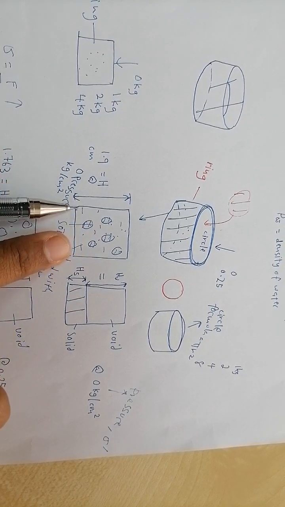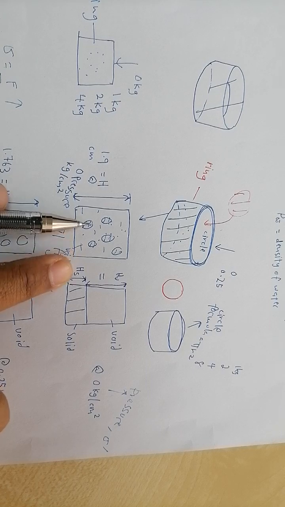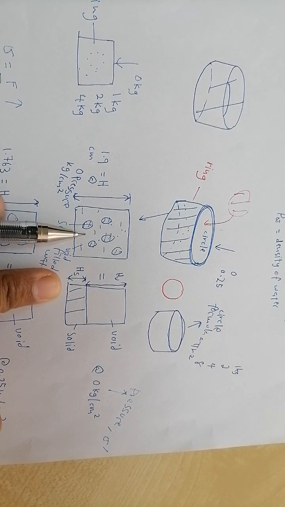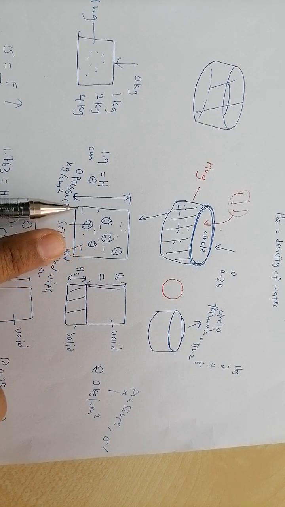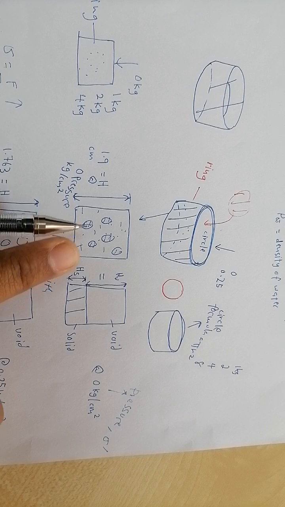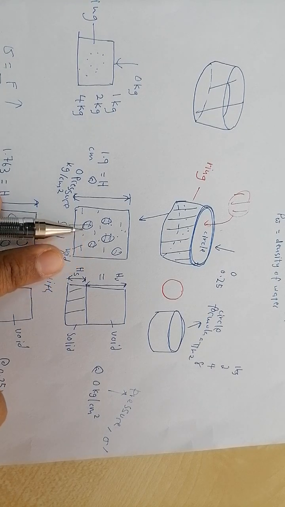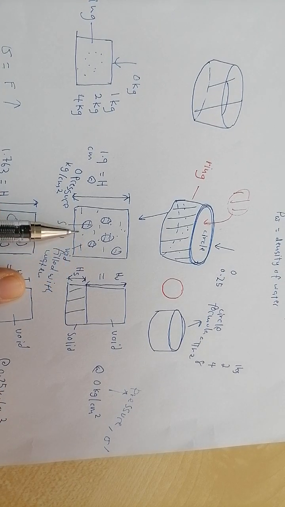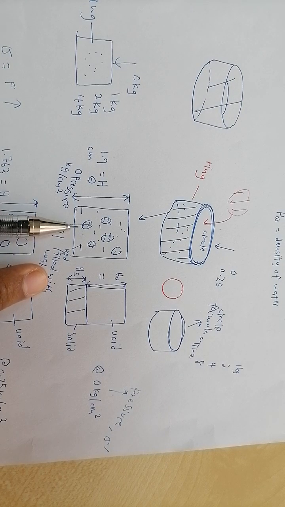Okay, all right, so this one is equals to this. We can separate this, ini kombinasi soil dengan void. Kalau dalam keadaan saturated ataupun tepu, the void is filled with water. Tapi kalau dalam keadaan partially saturated, the void can be partially filled with water, and then can be filled with air ataupun udara.